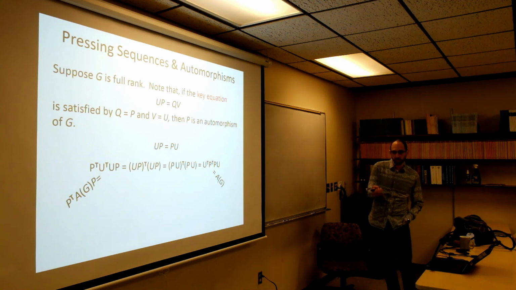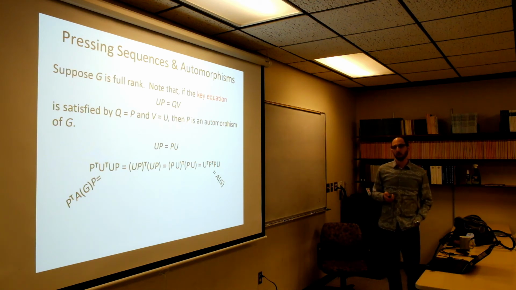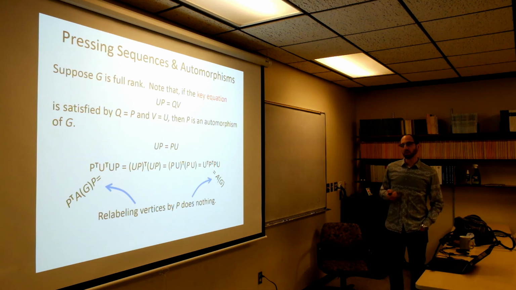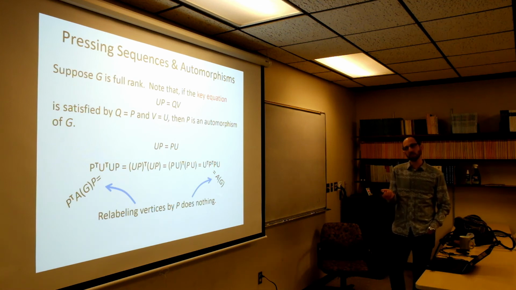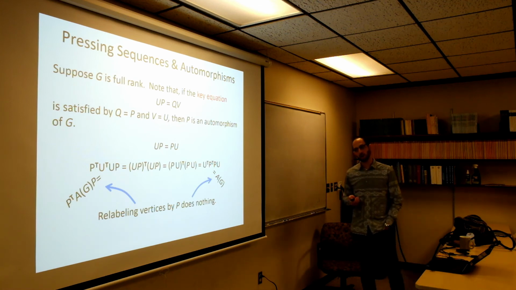So you just relabeled the vertices of the graph in such a way that it preserves the adjacency matrix. That means it's an automorphism. Right, so what this sequence of equalities says is that relabeling the vertices by P does nothing. So if this holds, then P was actually an automorphism of the graph.